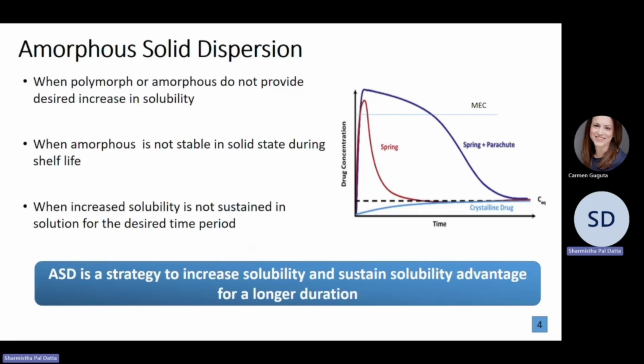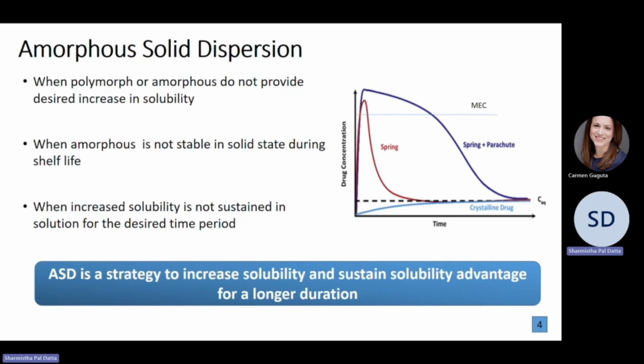So essentially what we want is to not only get the high solubility, but also sustain it for a longer duration so that it can be absorbed properly during the drug's stay in the gastrointestinal tract. Amorphous solid dispersion can help in sustaining the supersaturation in addition to increasing the solubility.